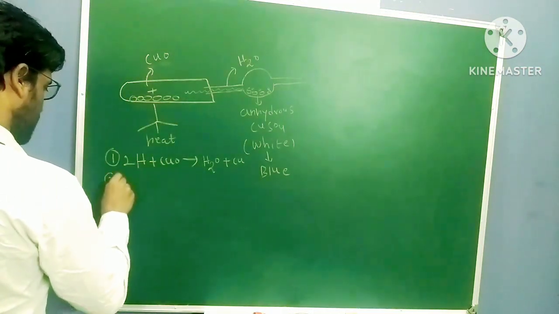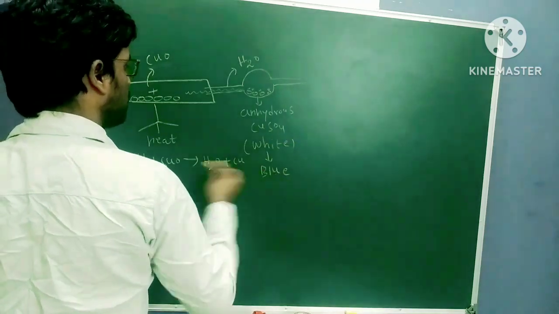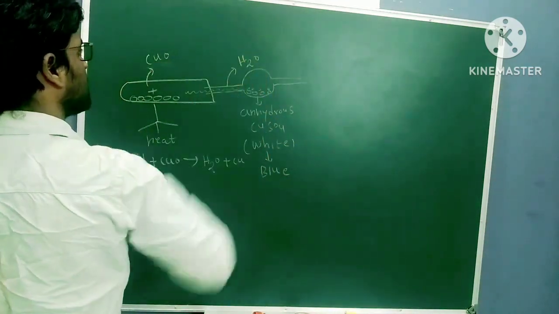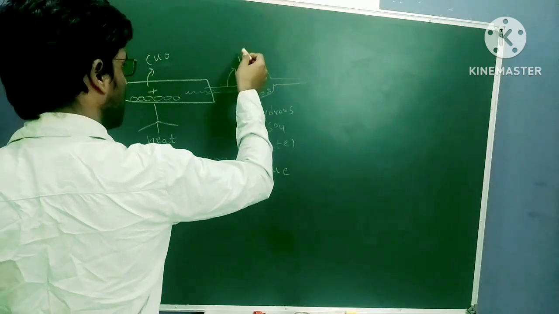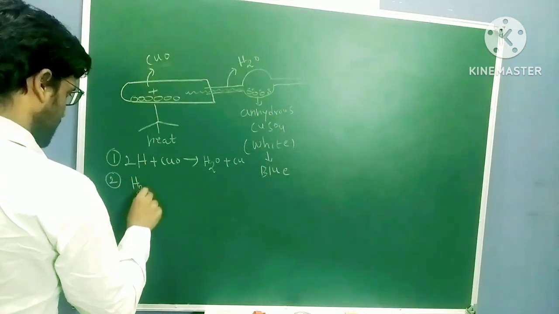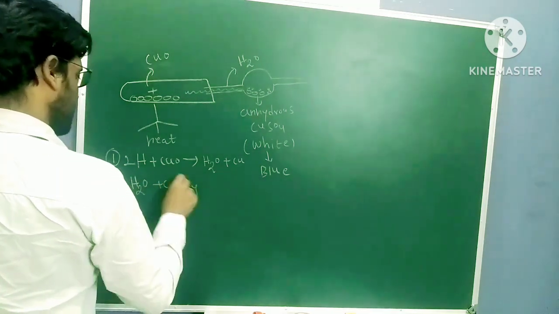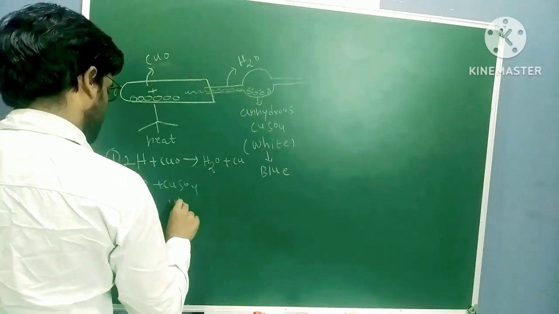Second reaction. Here water is present because white color turns blue. That means this is the indication of the presence of water. So water is reacting with copper sulfate. Initially this copper sulfate is in white color.